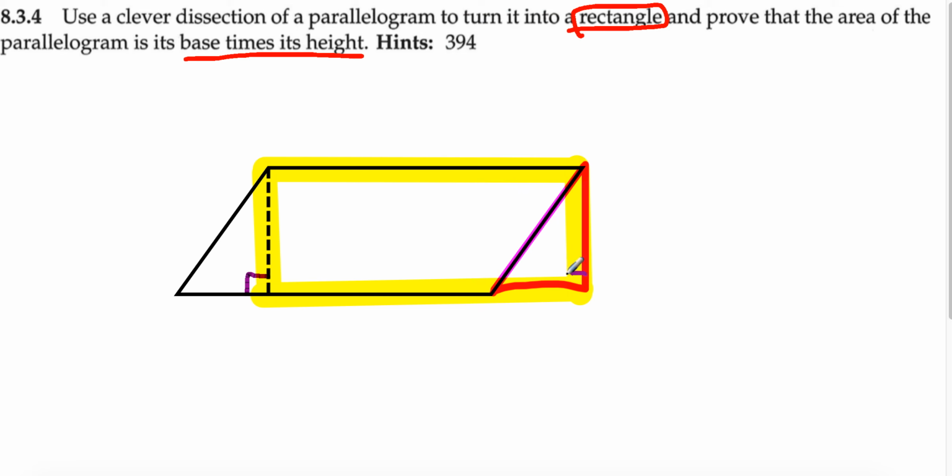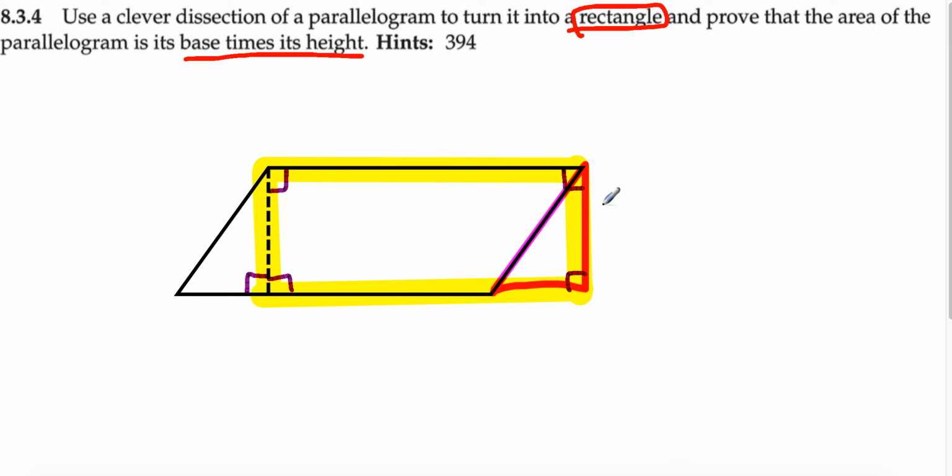That means this one must be a right angle as well. And then since opposite sides are parallel, then we know that not only this angle is a right angle, then this angle is a right angle, because the supplementary of a right angle must be a right angle. And we can see that opposite angles are all congruent because it's a parallelogram.